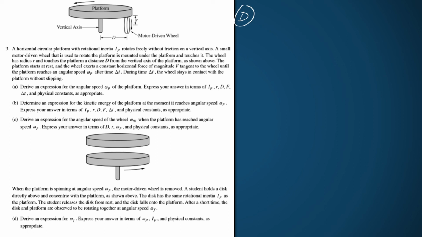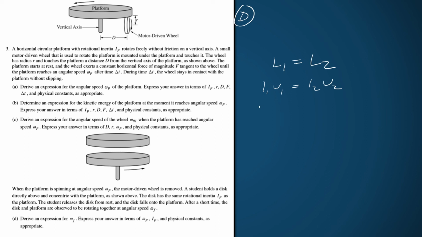Okay, what's going to happen? So we use conservation of momentum. Okay, L1 equals L2, which in terms of rotational momentum, angular momentum, what's our formula for angular momentum? It's I omega. Okay, so I've got I1 W1 is I2 W2.